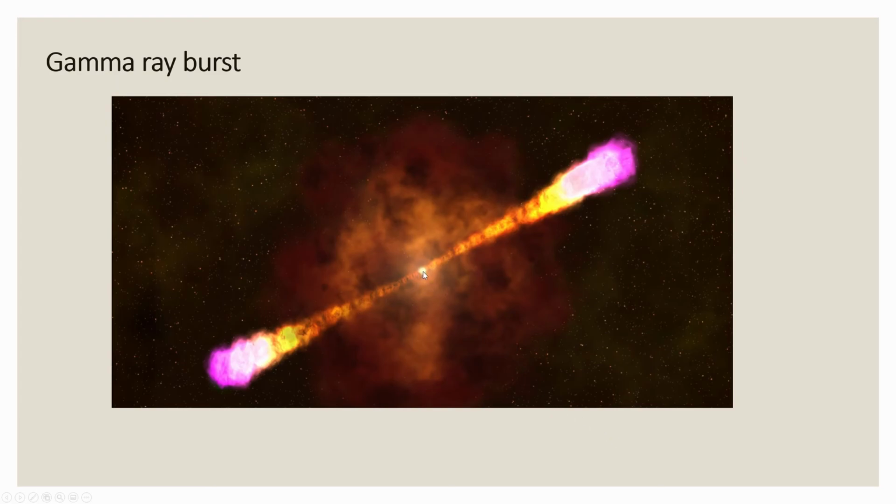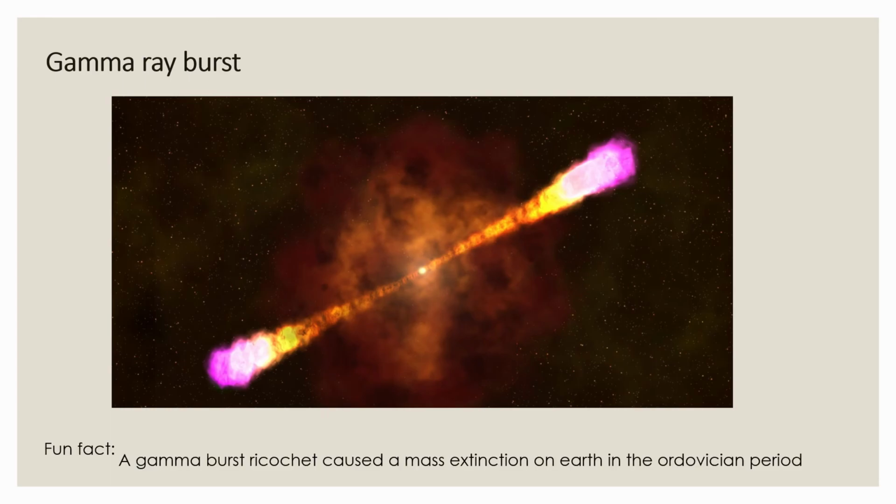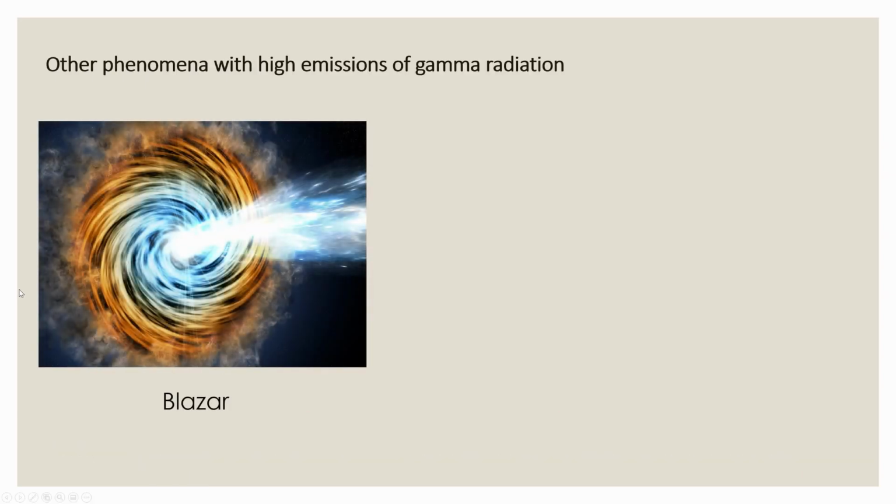This gamma ray burst has two jets, which are containing an extreme amount of gamma radiation or furthermore energy. A fun fact is that a gamma burst ricochet hit the Earth in the Ordovician period and caused a mass extinction. Two other phenomena with high emissions of gamma radiation are on the left side, blazars, and on the right side, quasars.